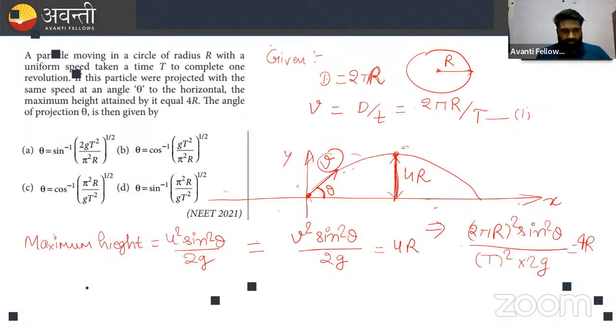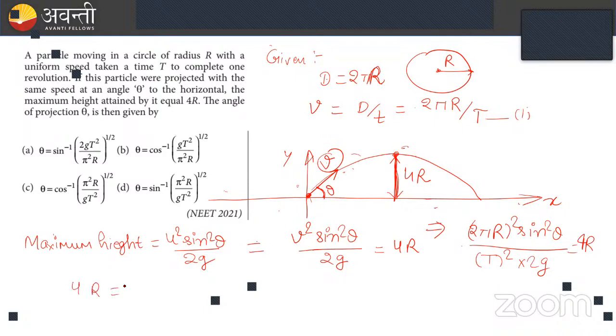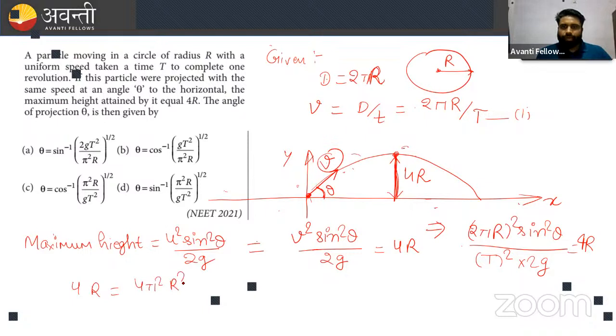Now 4r is equal to 4 pi square r square sine square theta divided by T square 2g. जो कैंसिल हो सकता है उसे कैंसिल करेंगे. This 4r cut by this 4. R is also cancelled by this 1 power of r. Now अब कुछ नहीं कटेगा.